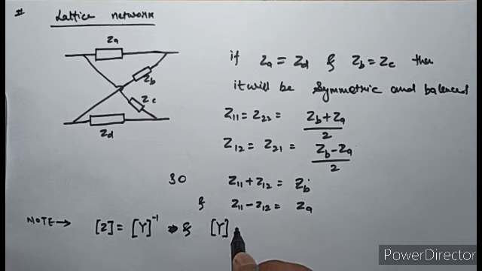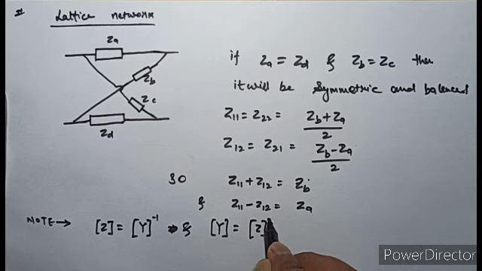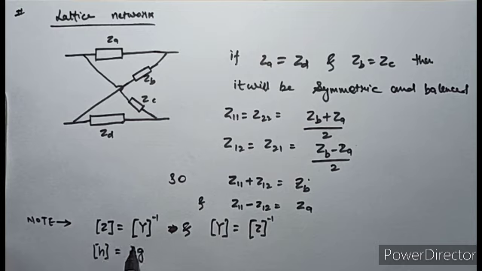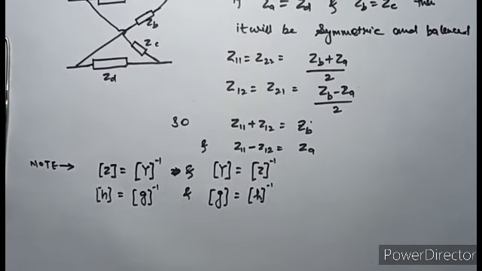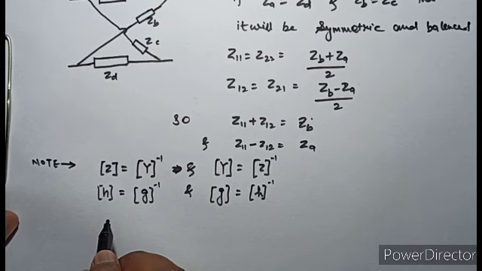Means Y matrix will be equal to the inverse of the Z matrix. Similarly, the H matrix will be the inverse of the G matrix and the G matrix can be found by taking the inverse of the H matrix, right?